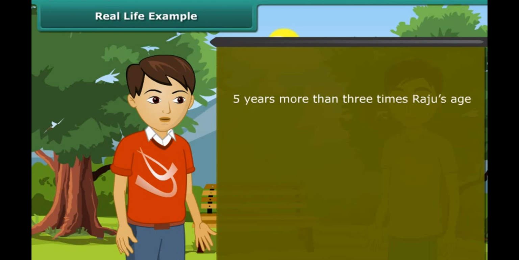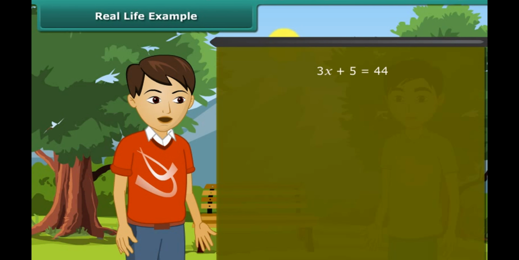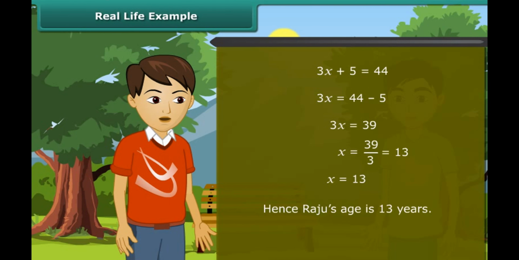Now 5 years more than 3 times Raju's age is 3x plus 5, which is equal to 44. Now we will solve this equation. Transposing 5 to right-hand side, we get 3x, which is equal to 39. Transposing 3 to right-hand side, we get x as 13. Hence, Raju's age is 13 years.